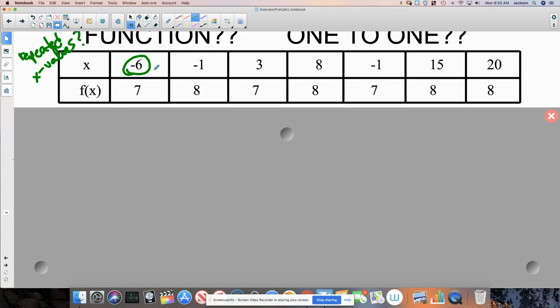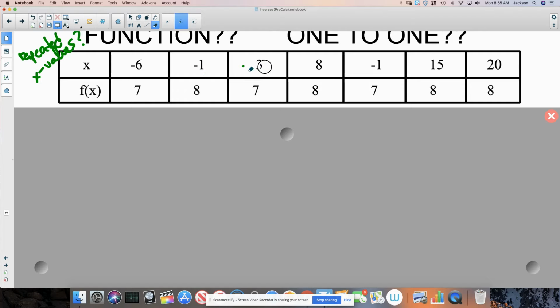Because if there was another -6 up here, let's say, I'd want to know if it produced the same thing every time. Like if this was a -6, I'd say, well, there's two -6 inputs, and they both produce a 7. That's fine. If this was a -6, and here's another -6 that's an input, and it produced an 8, that's not fine, right? So that's why we're looking for these repeated values of x, right?